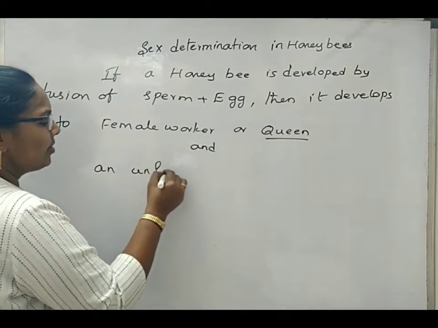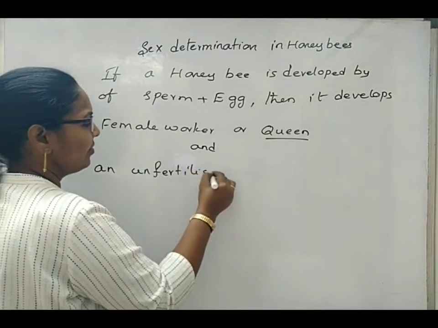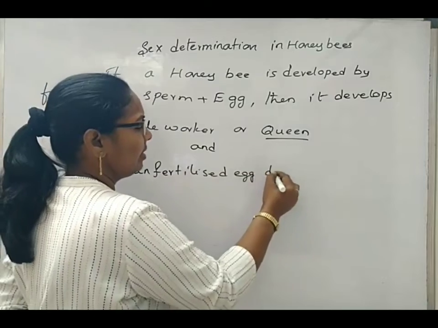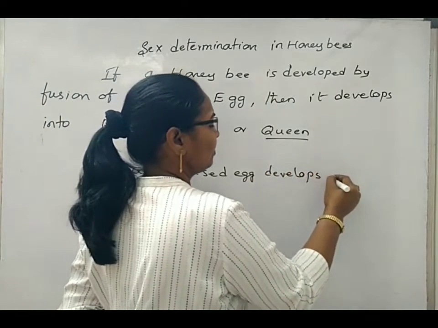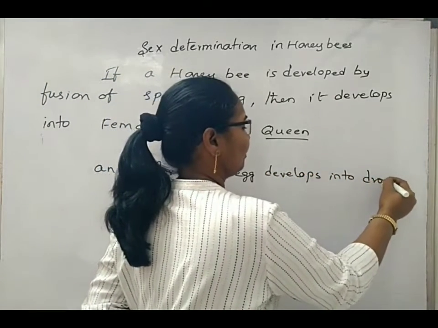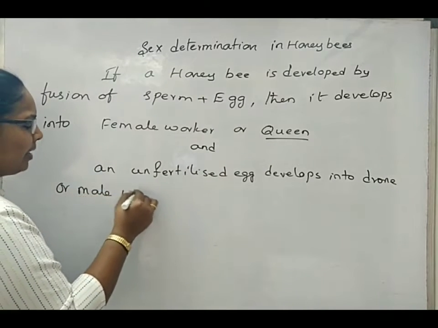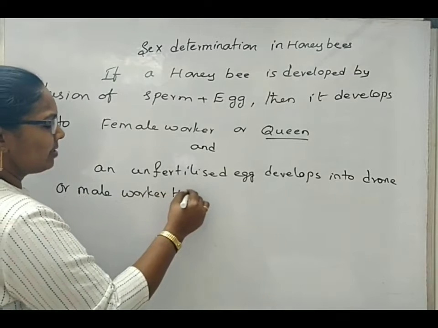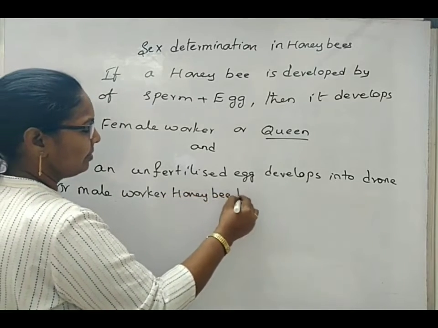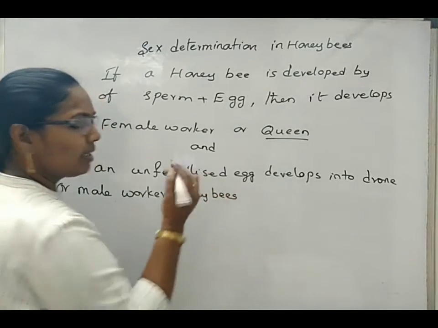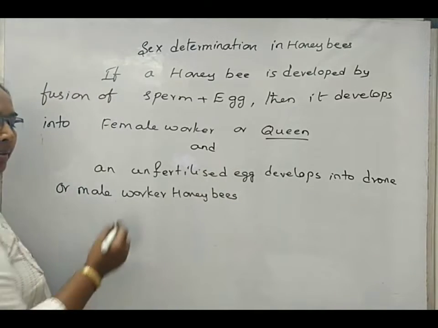Next, what is happening in case of drones or male honeybees? An unfertilized egg develops into drones or male honeybees, male worker honeybees. These are considered to be sterile.